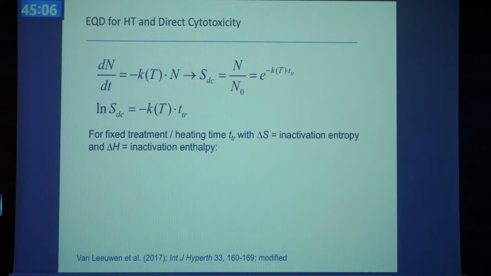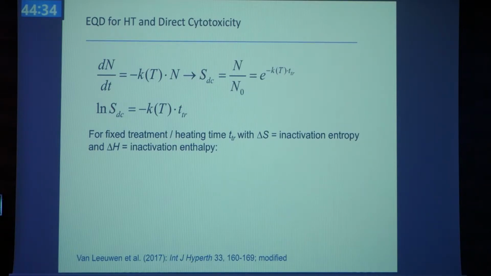So the cell killing rate is assumed to be directly proportional to a rate constant k, which is a function of the temperature, and the number of cells, for example, of tumor cells. When you integrate this equation, you end up with this typically exponential behavior. So the logarithm of survival for direct cytotoxicity is then minus this k factor times the treatment time.